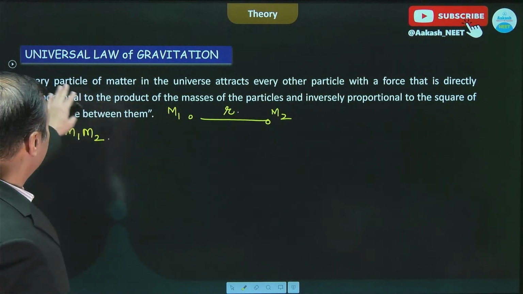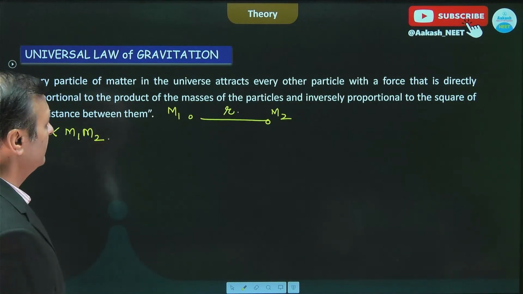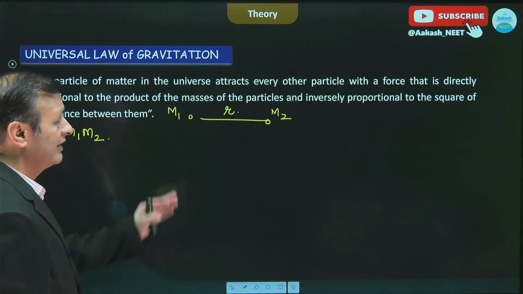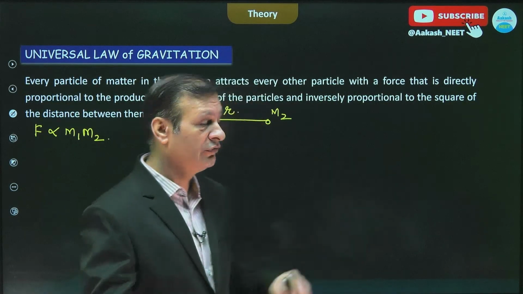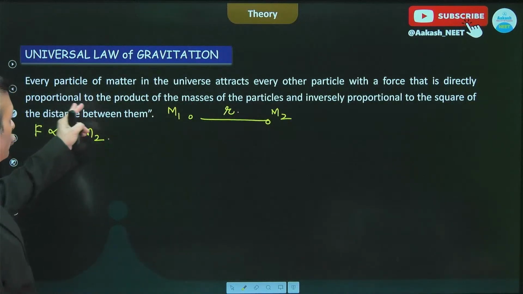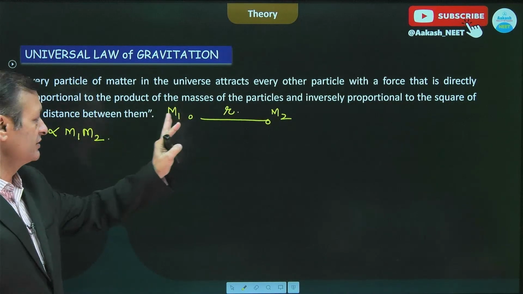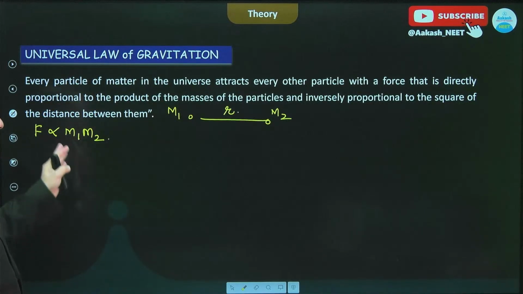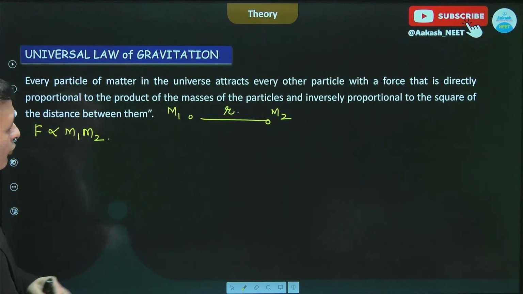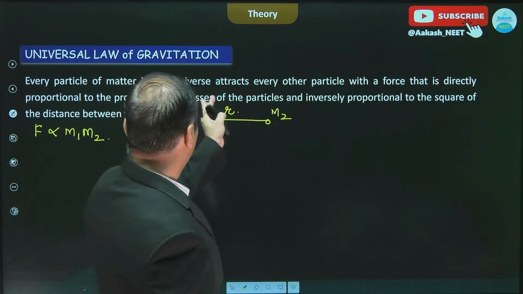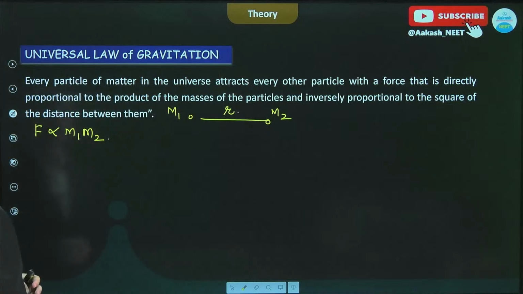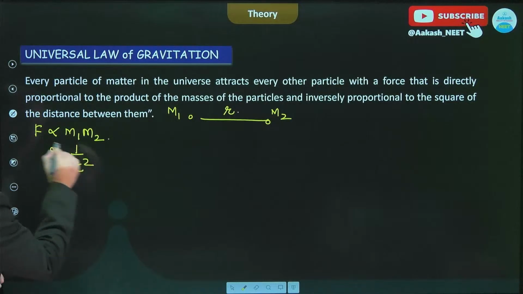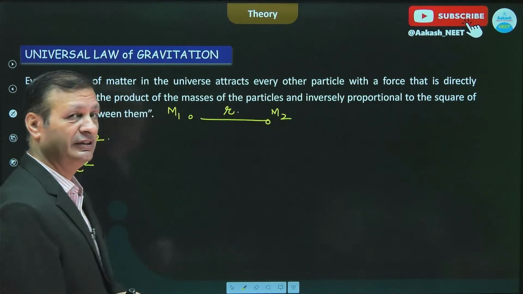Your statement says every particle of matter in the universe attracts every other particle with a force which is directly proportional to the product of the masses of the particles and inversely proportional to the square of the distance between them.